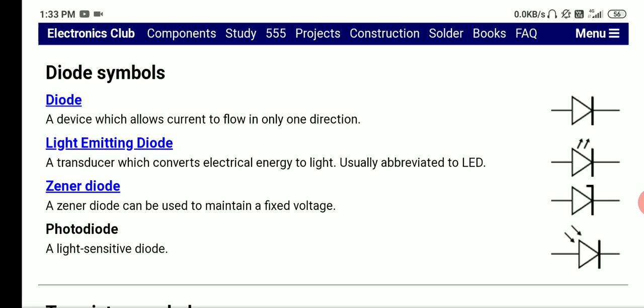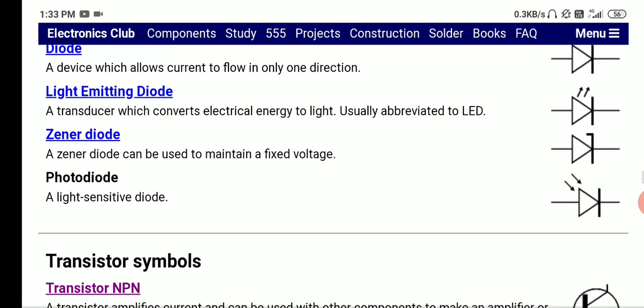So here are the arrows. These are showing that your diode is emitting light, so called light emitting diode. The diode that emits light, or it's a kind of transducer. Do not get confused with these terms. Like if somebody is going to ask you, can a diode be said to be a transducer? So do not just start thinking like a transducer is a different kind of device, diode is a different kind of device, how are we going to relate it.